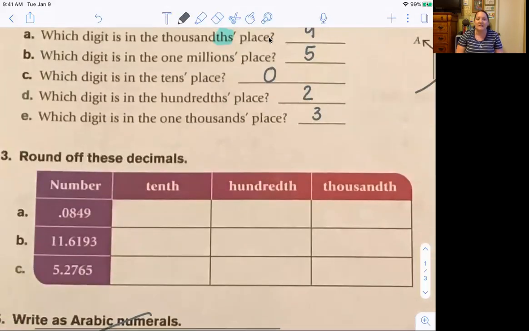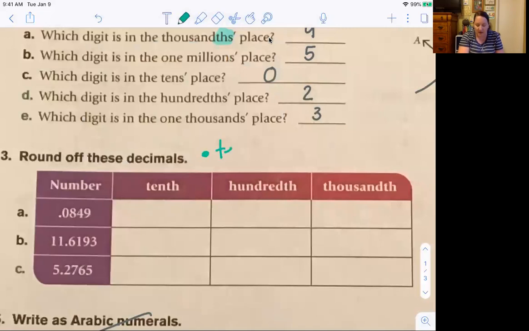Okay, rounding decimals, number 3. We're going to go ahead and skip over number 2, but let's look at number 3. It says we have 0.0849 or 849 ten-thousandths. That's how you say that word. What number's in the tenths place? Remember, let's review. Here's my decimal, right?